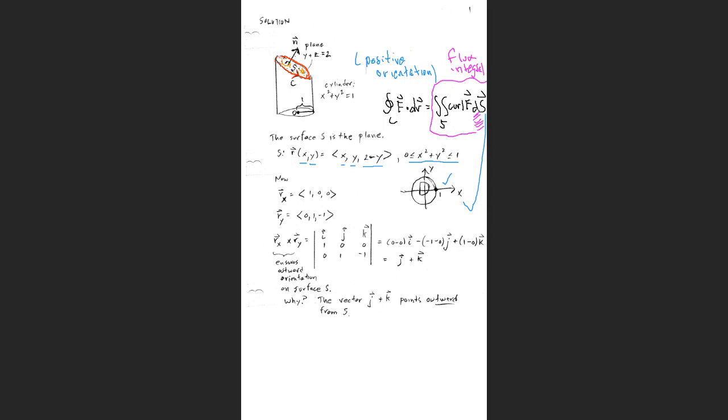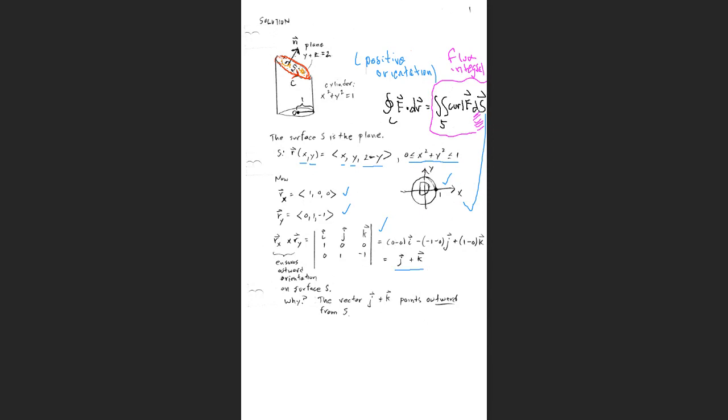Given that we have our vector function of parameters x and y, we can compute the derivative vectors with respect to x and y and take the cross product, because that's what the formula I'm going to use to compute the flux requires me to do. When I do the cross product of those derivative vectors, I get j plus k.